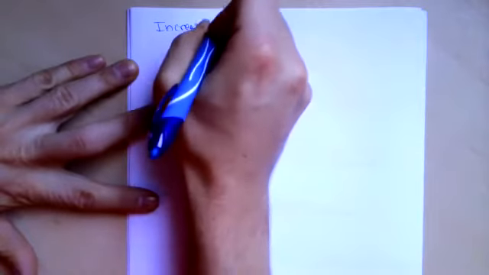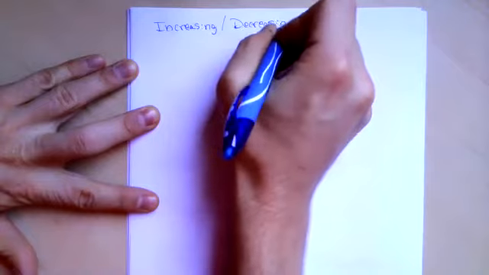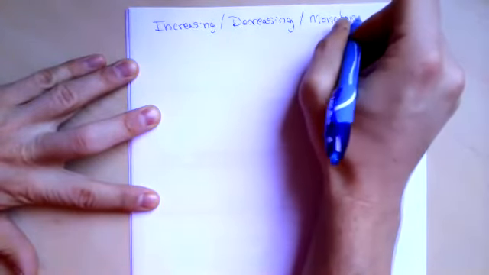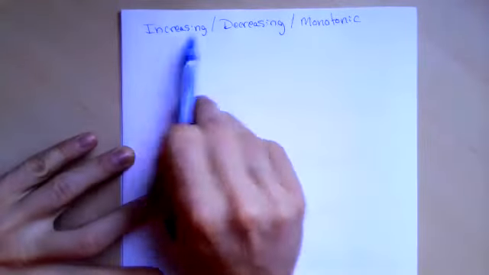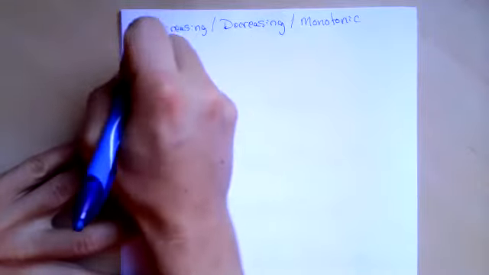So we want to talk about increasing, decreasing sequences. Monotonic. These, I just want to go through real quick. It's the same as increasing or decreasing functions. So a sequence is increasing.